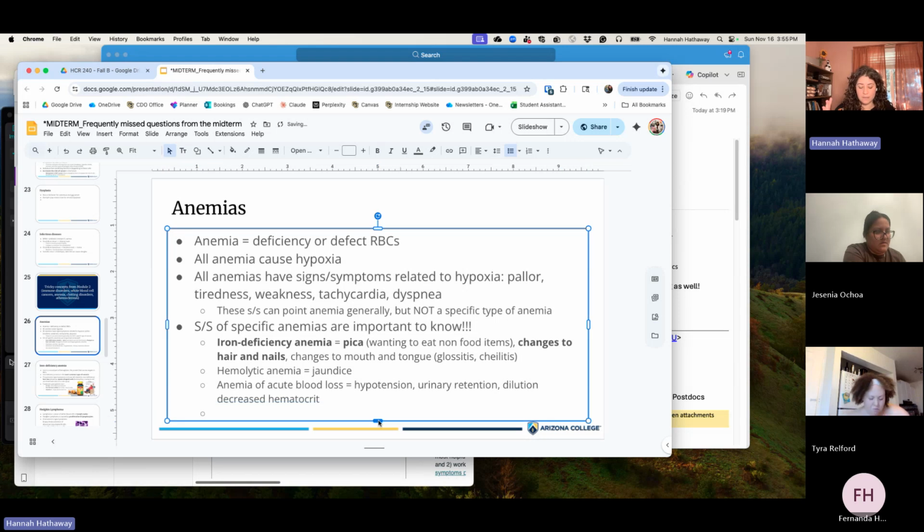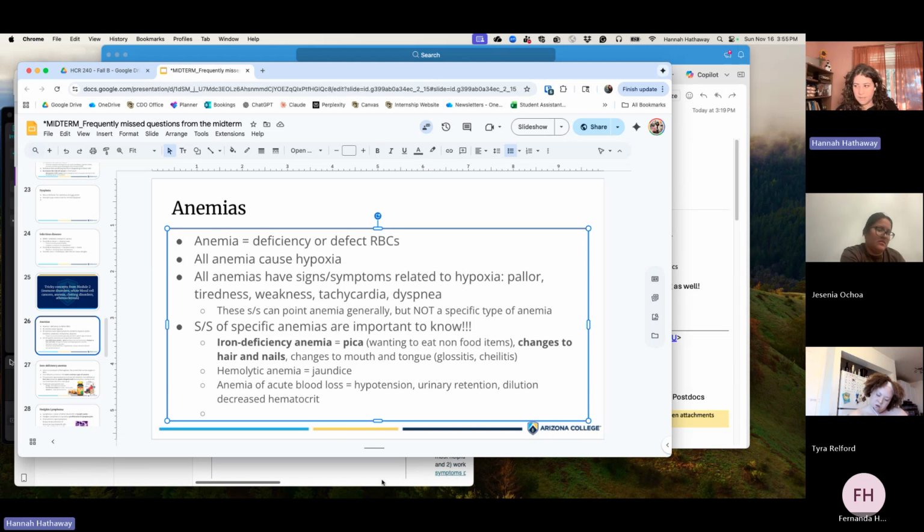Meaning because so much fluid has been lost from the body, it's trying to hold on to all the fluid that it possibly can. So the person might be really thirsty and not going to the bathroom to hold on to fluid. And because the body's holding on to the fluid, that actually will dilute out the number of red blood cells they have, because the body can't make enough red blood cells quickly enough to make up for the fact that they're holding on to extra fluid.